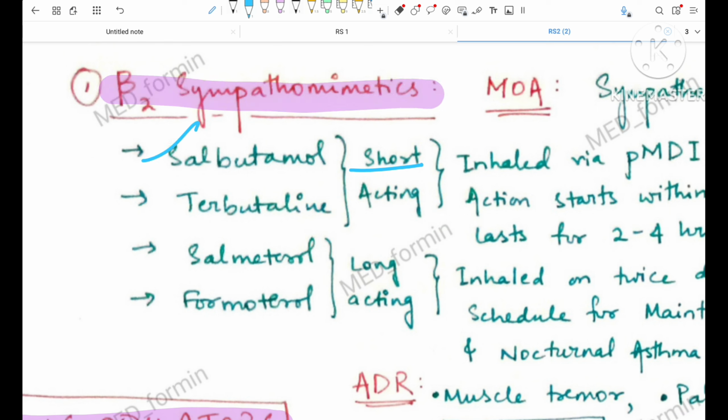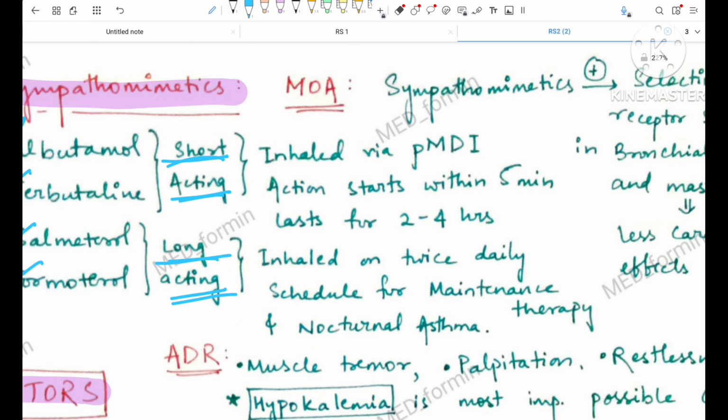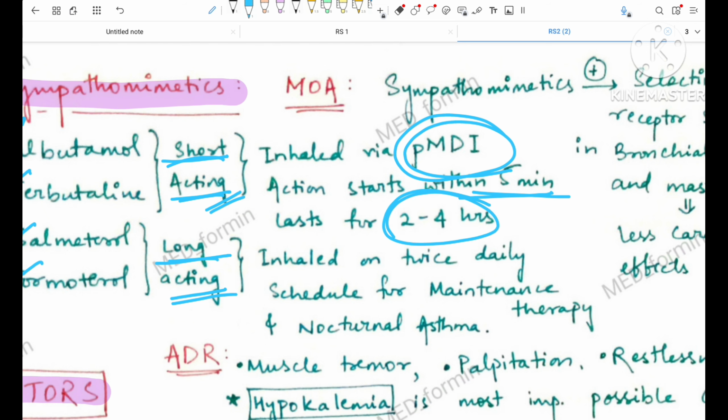We have salbutamol and terbutaline, which are short-acting beta 2 agonists, and salmeterol and formoterol, which are long-acting beta 2 agonists. Beta 2 agonists are usually taken via pressurized metered dose inhaler. The short-acting ones start acting within 5 minutes and last for 2 to 4 hours.